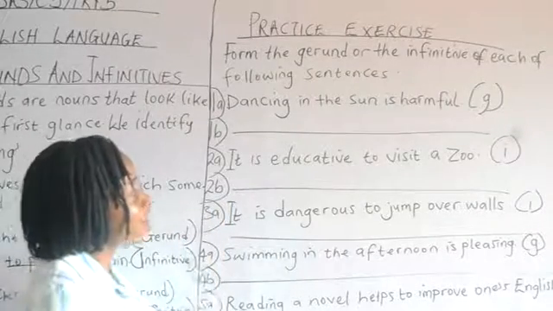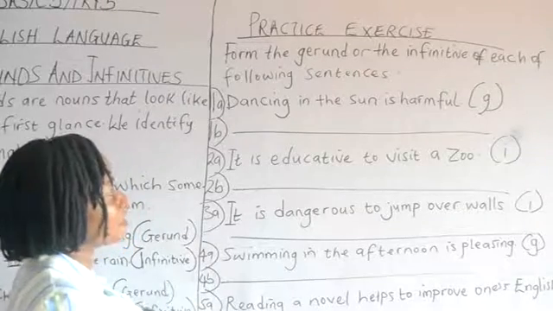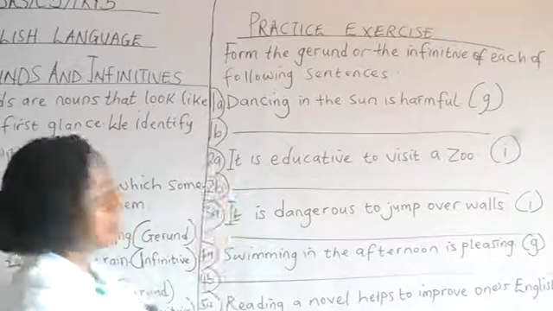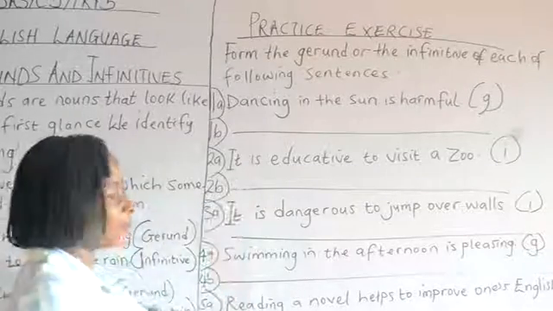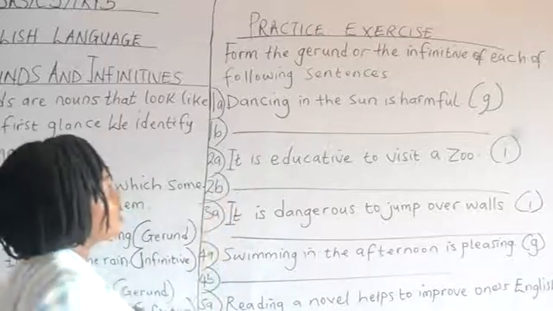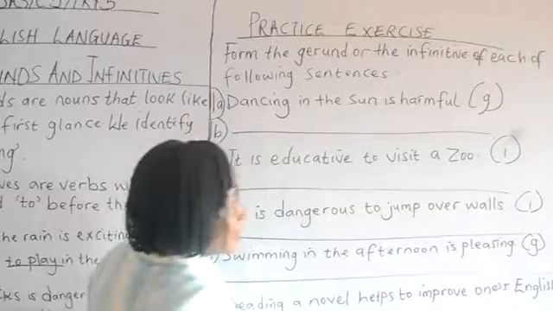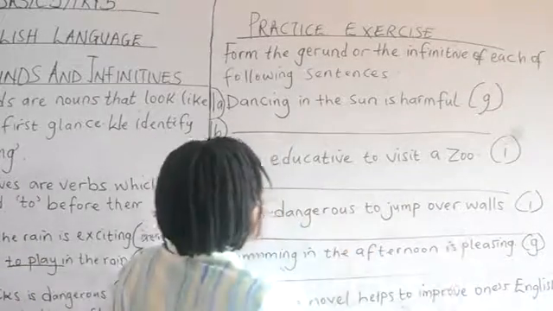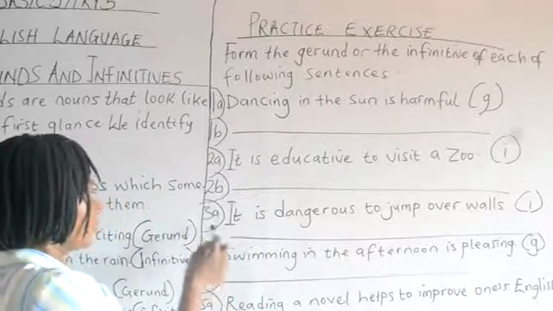Number 2a. It is educative to visit a zoo. Very simple. This first word does not have ing. So this sentence is not a gerund, but an infinitive. So you are to construct the gerund of this sentence. 3a.